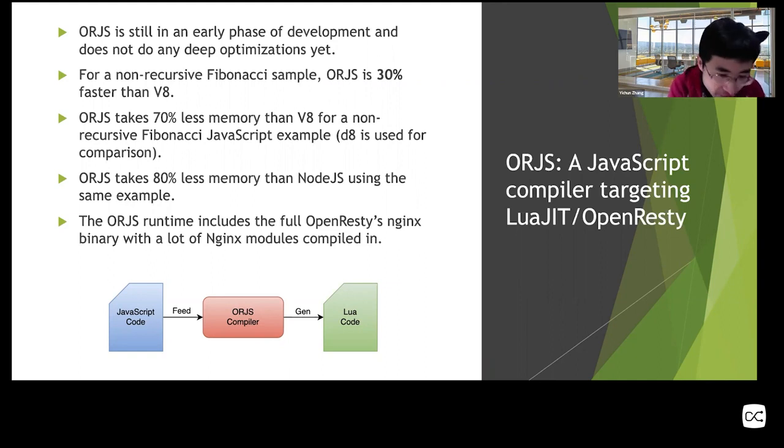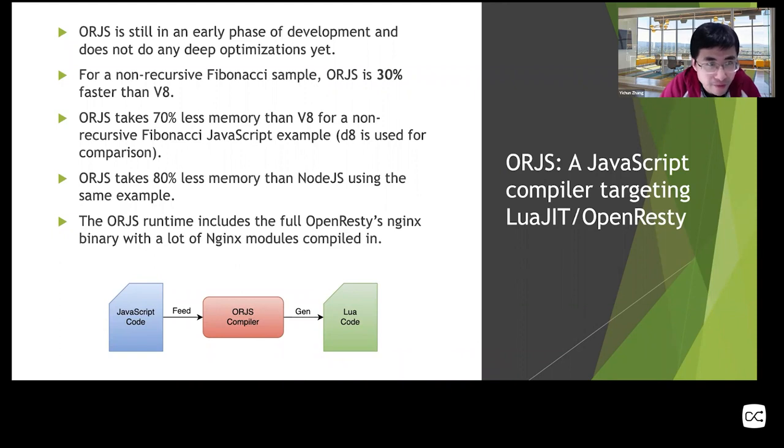And it has many advantages because you can reuse the whole OpenResty and Lua ecosystem, and enjoy all the benefits of the minimalism of the Lua implementation and LuaJIT implementation.